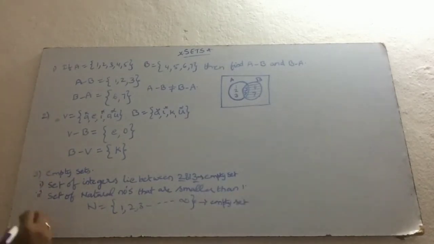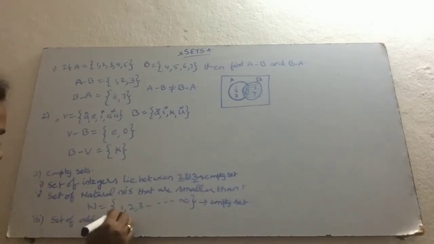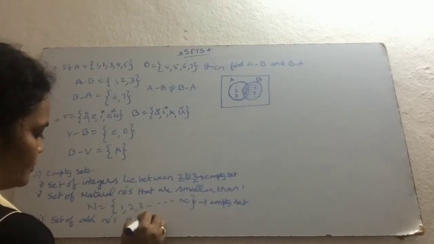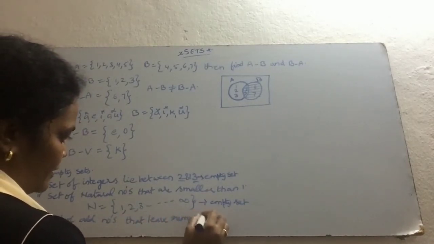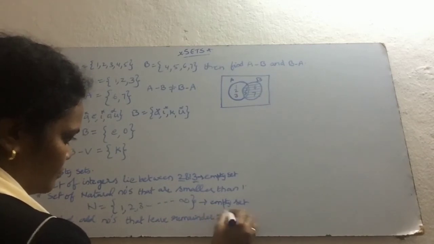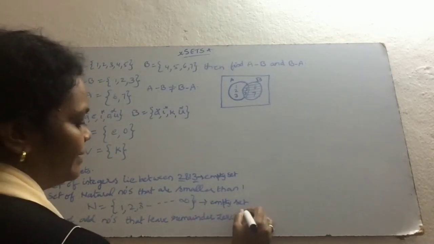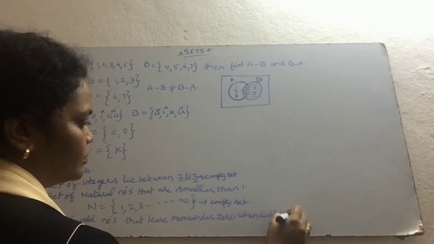And next one, set of odd numbers that leave remainder 0 when divided by 2.